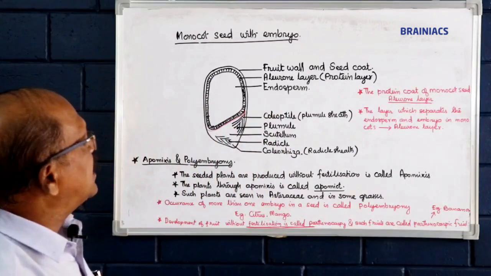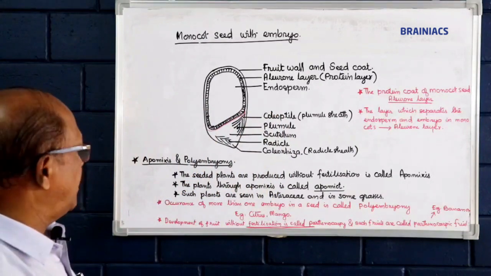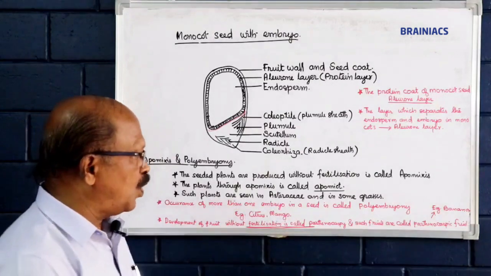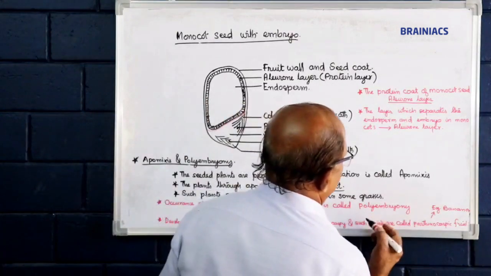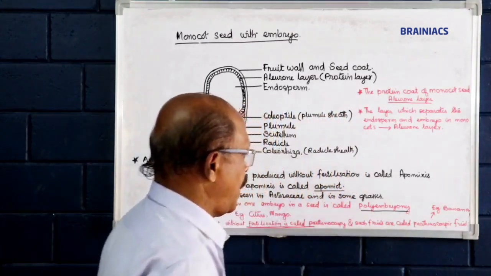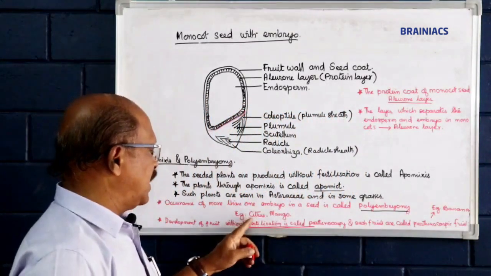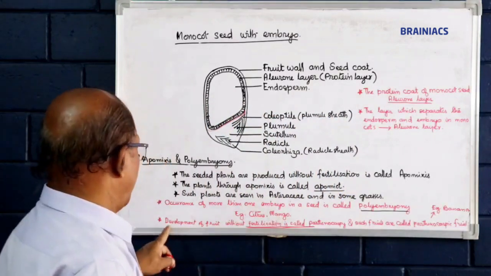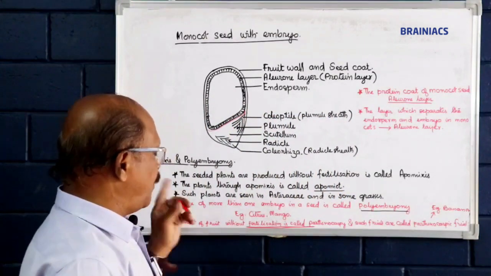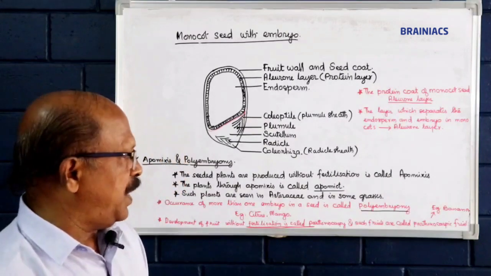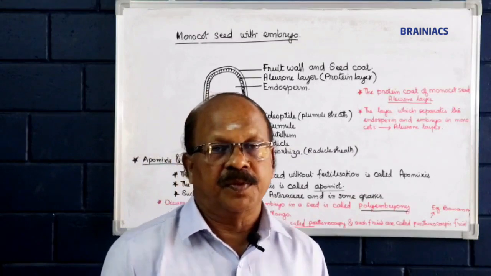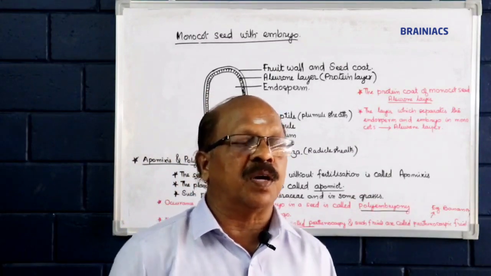Such plants are seen in Asteraceae and in some grasses. Occurrence of more than 1 embryo in a seed is called polyembryony. Example, citrus and mango. Development of fruit without fertilization is parthenocarpy, and such fruits are called parthenocarpic fruits.